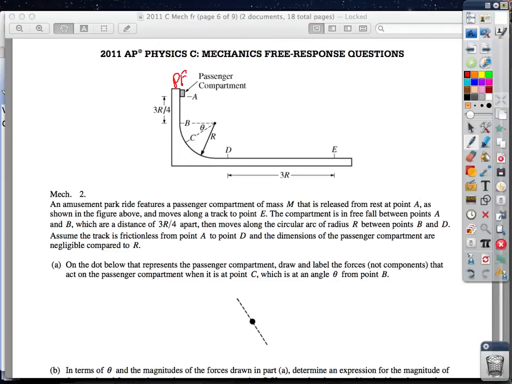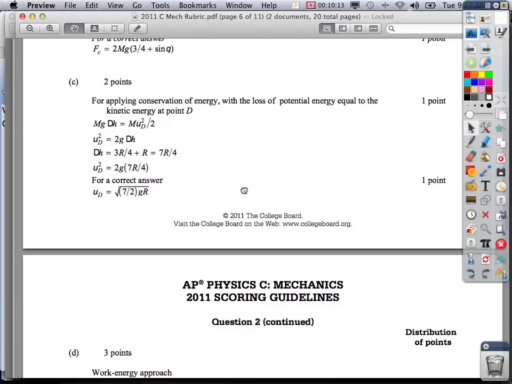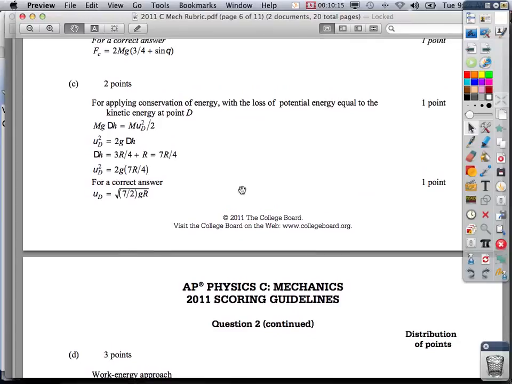We've got PE up here, and then we've got KE down here. Do I just put PE equals KE? No? What else do I need to put? Yeah, so it looks like we can just put PE equals KE.